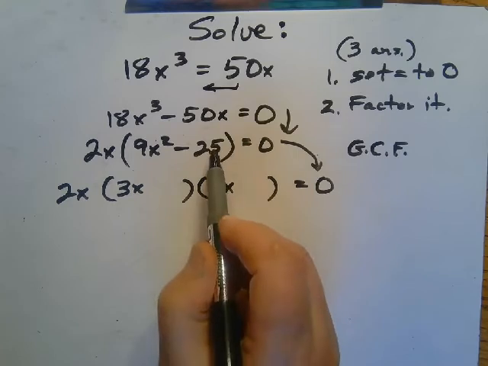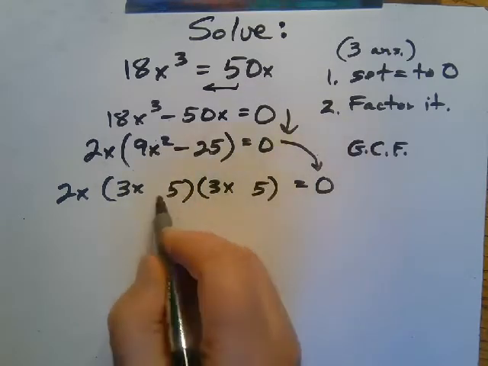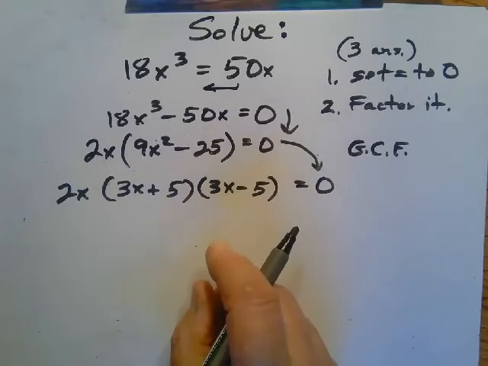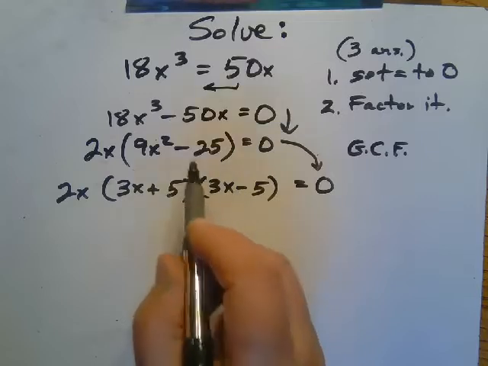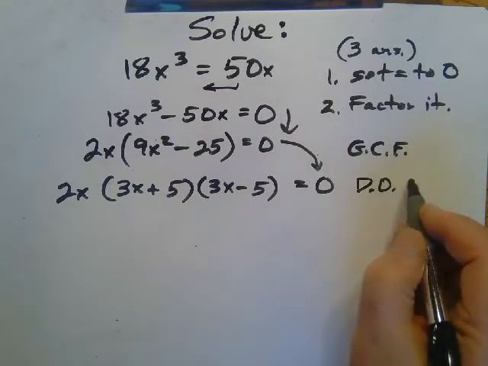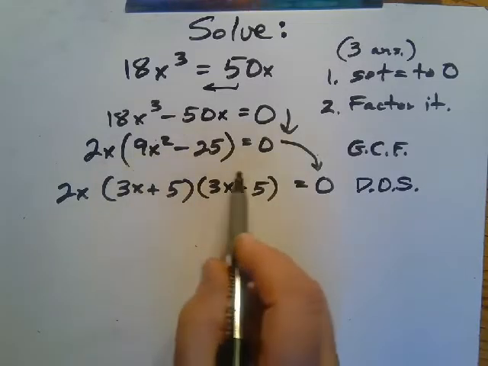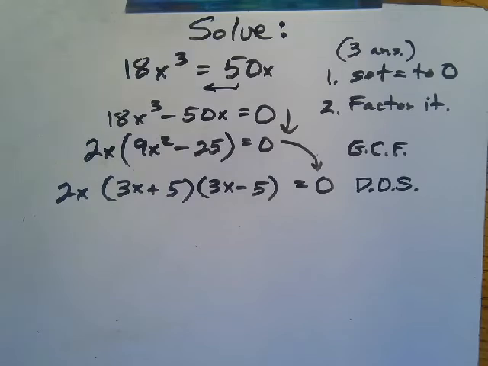And the square root of 25 is 5. I'm going to put it here and here. Make one of them positive and one of them negative. So that should be the factored form of this. What I just did was the difference of squares. And that's 9x squared minus 15x plus 15x goes out. Minus 25, there it is.